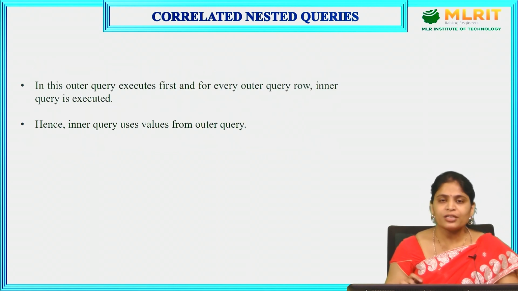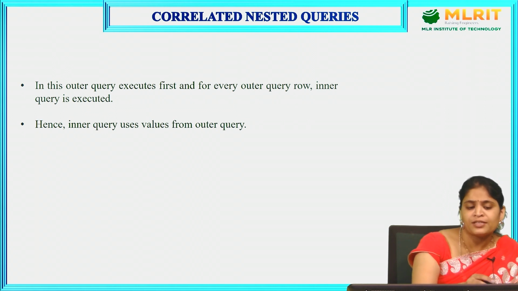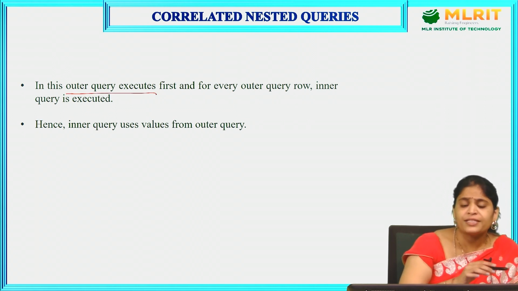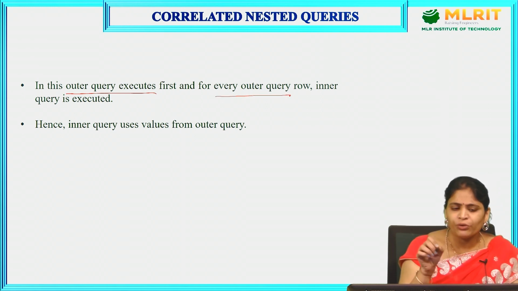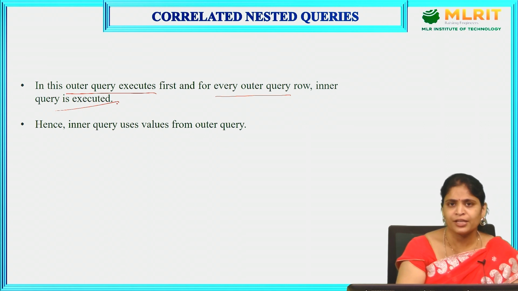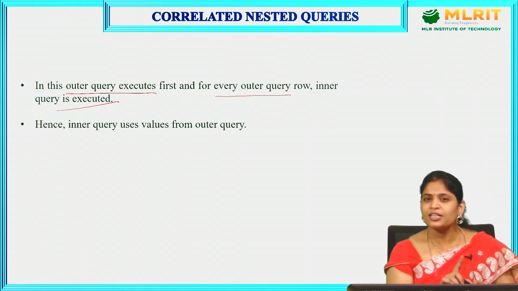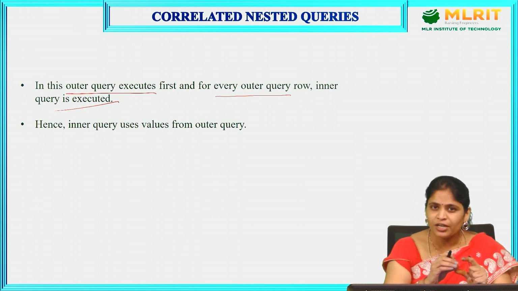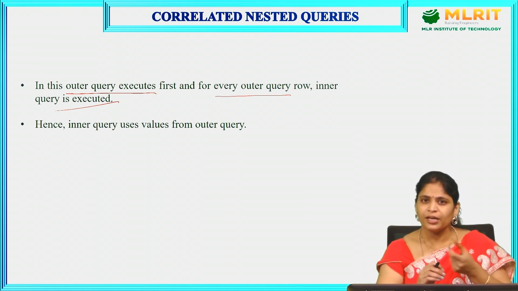So correlated nested query is nothing but this: the outer query executes first, and for each and every outer query row, the inner query is executed. In nested queries, first we execute the inner query, and based upon that result, the outer query is executed.